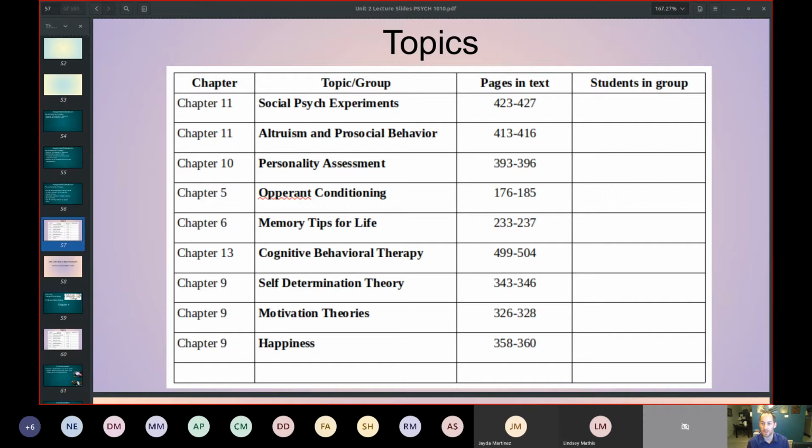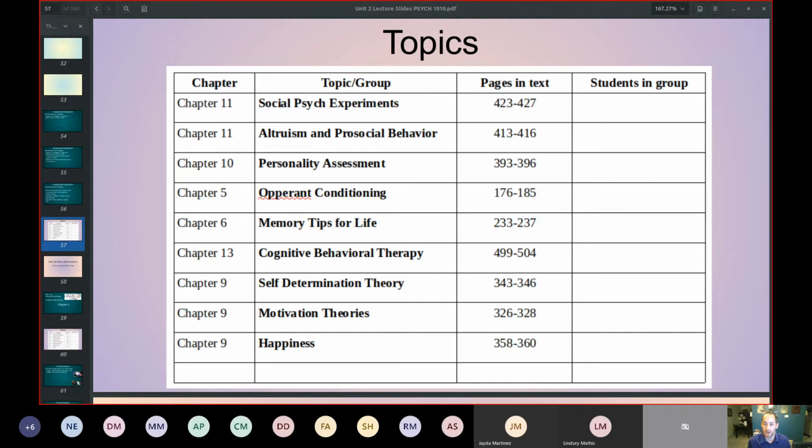Who's interested in operant conditioning? And feel free to put your post again, even if you put it already, that you're interested in operant conditioning. So Don Grover, for example, that looked like it was your top interest.